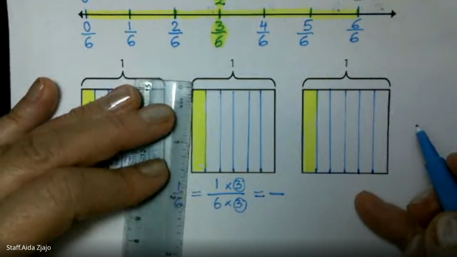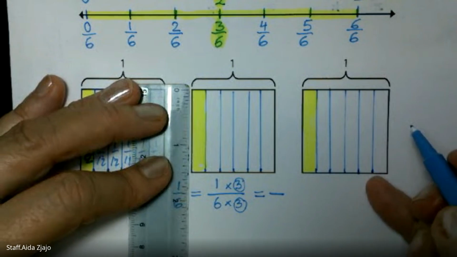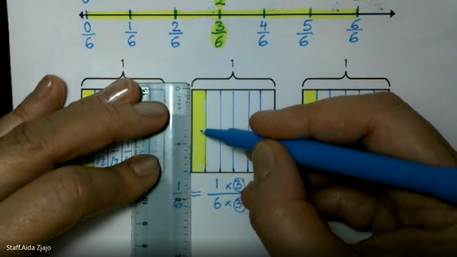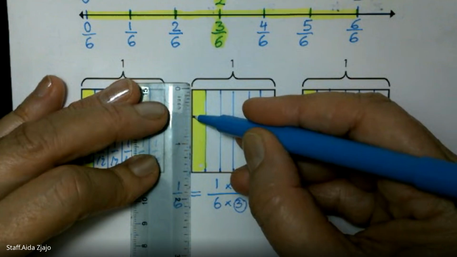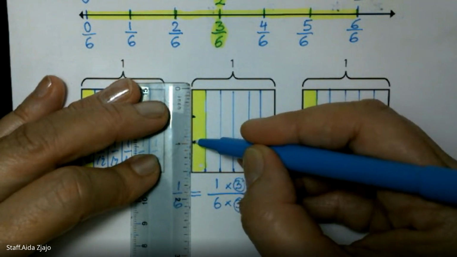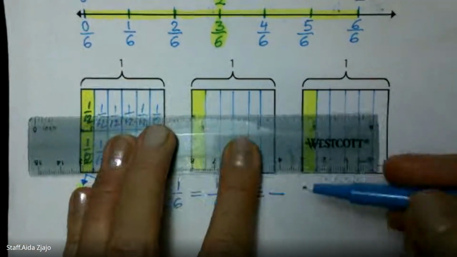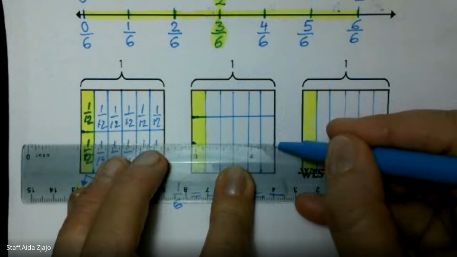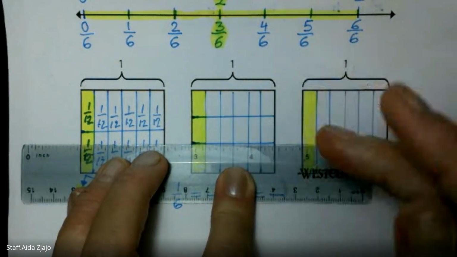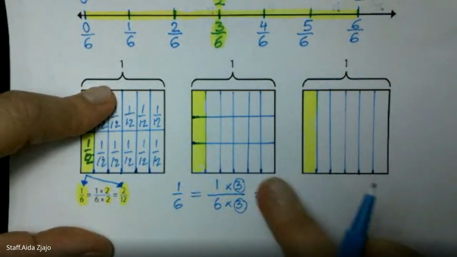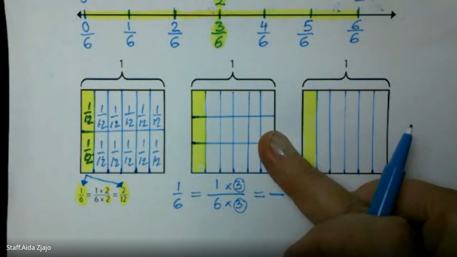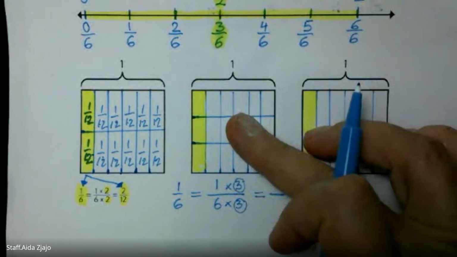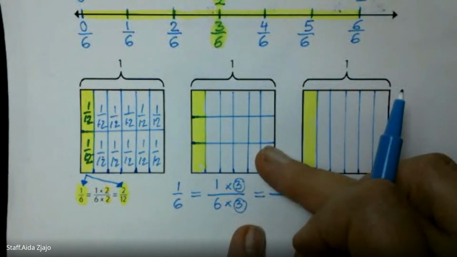So I will do 1/2 inch here, 1/2 inch here, and that will give me 3. I will cut 1/6 into 3 pieces, but I have to cut the whole, because even though I don't have this, it represents part of the whole.